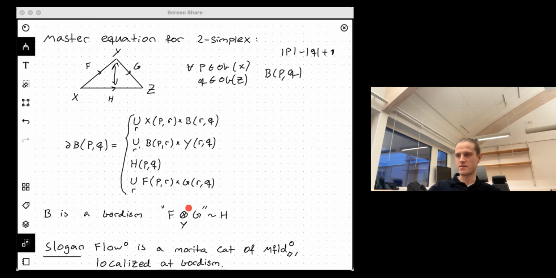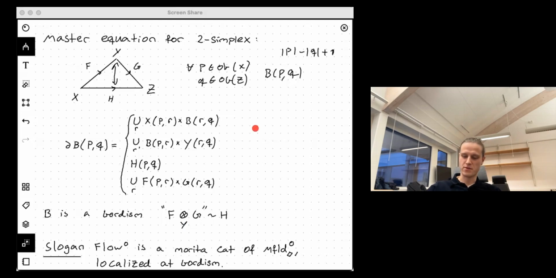And I'm writing the relative tensor product here, and there's a good reason for that. We are essentially taking the product of all of these guys, the product of all of these guys, but we're enforcing that we're gluing them along Y. That's why this object has to match this object. And in fact, if we could write down an object like this, that would be great, because this gives rise to a theory of Morita categories.